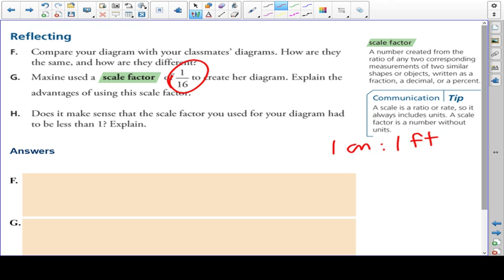So if you're given the measurements of the walls, the couch, the love seat, the entertainment unit, you would divide all those measurements by 16 and change them into inches and then draw them in inches. So when you have a scale factor of 1/16, you divide everything by 16 to get how big it needs to be on your picture. Okay? Good enough.